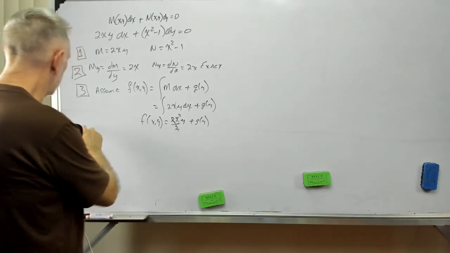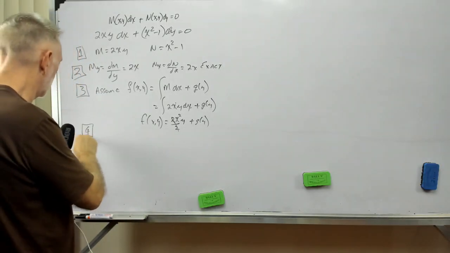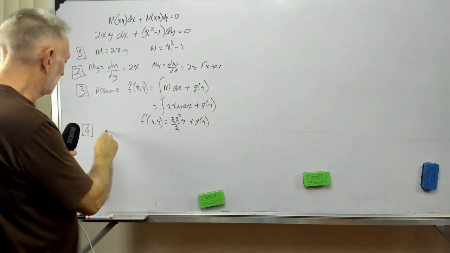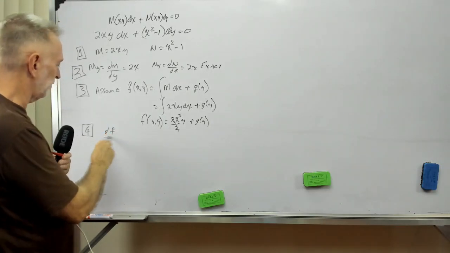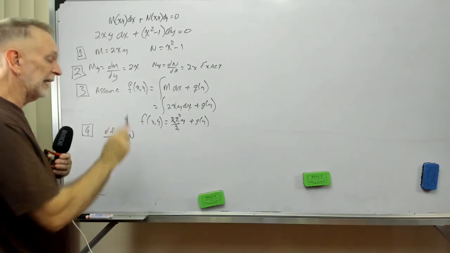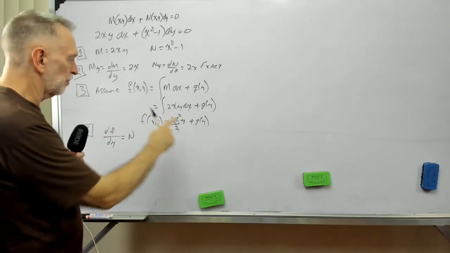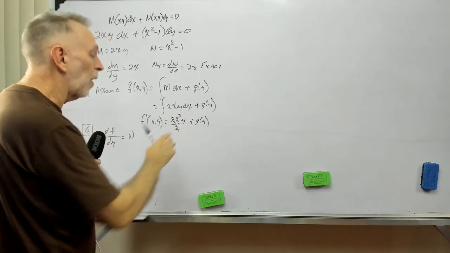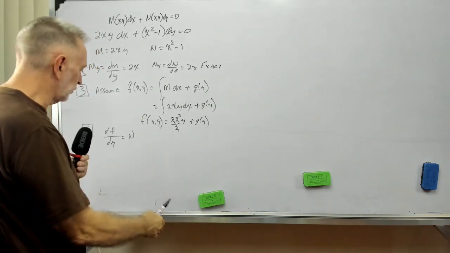Now then, step 4. I'm trying to take the partial derivative of f with respect to y and set that equal to N. Remember, I'm trying to figure out what g of y is. That's my goal as I move forward.